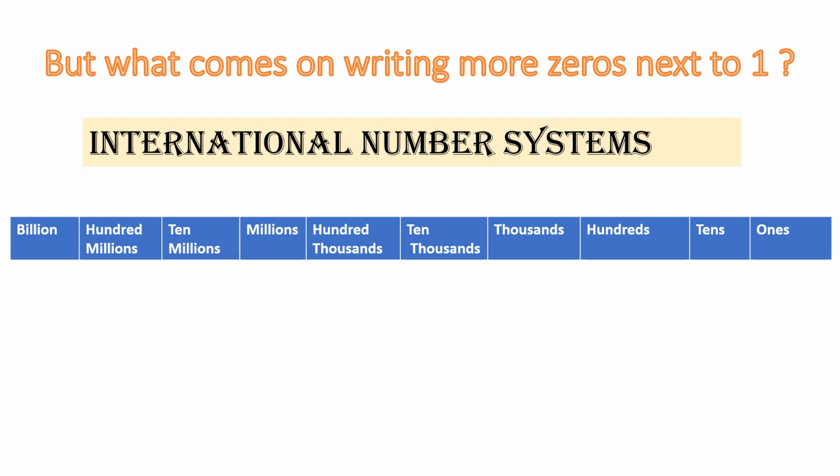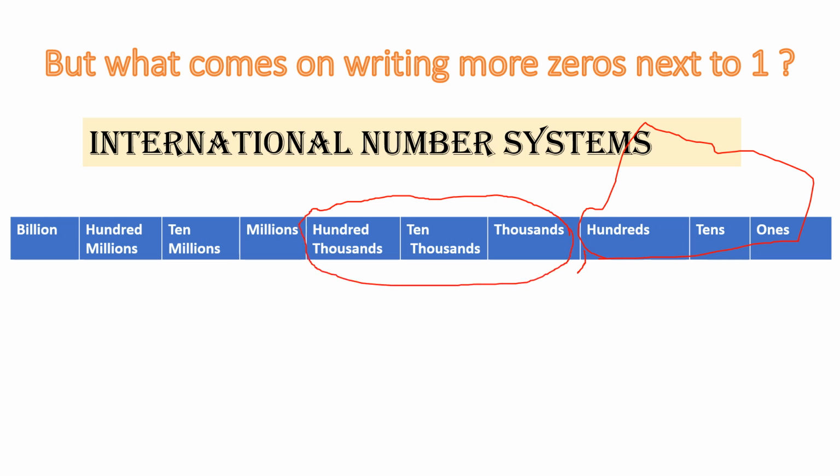So how will the groupings work? Let us just give an idea. After hundreds, we will give a comma. Hundreds, tens and ones are in one group in international number system. Then thousands, 10,000s and 100,000s. These three friends are in the next group.